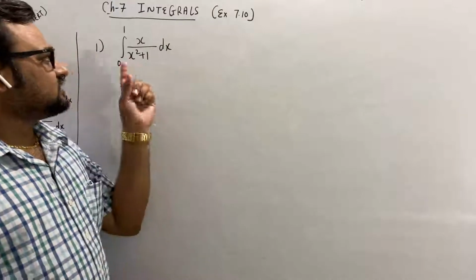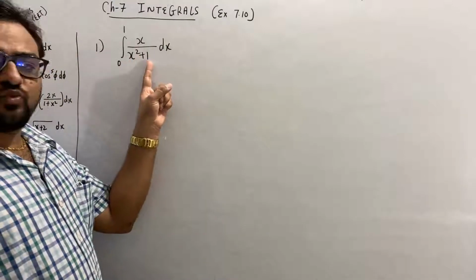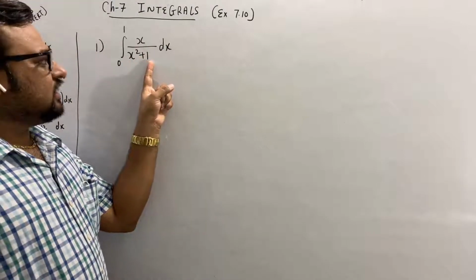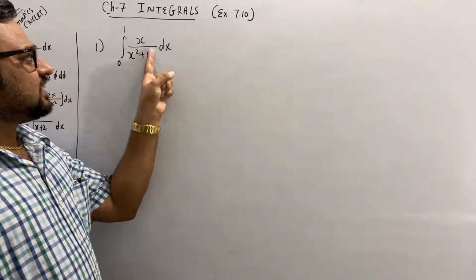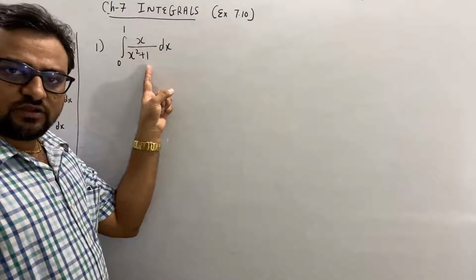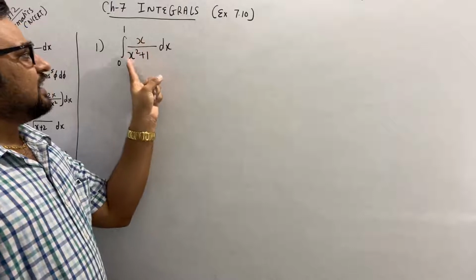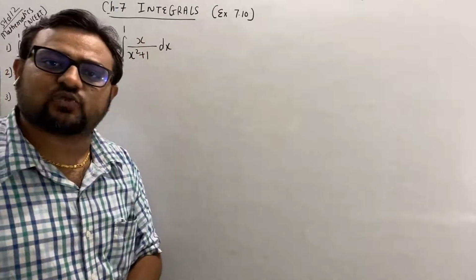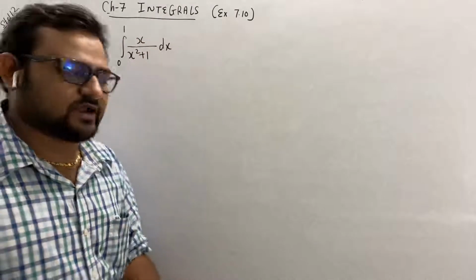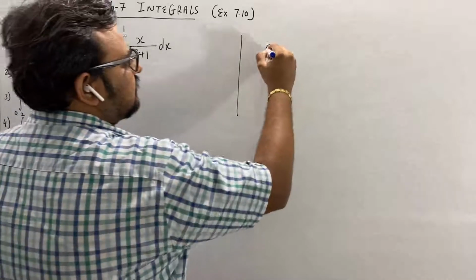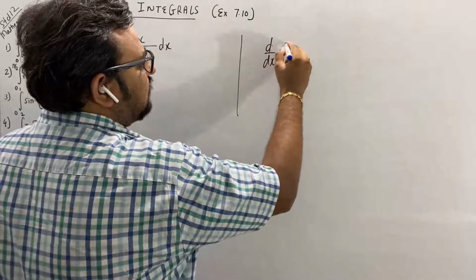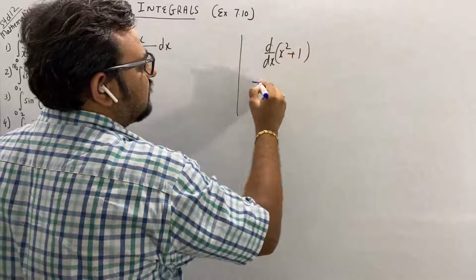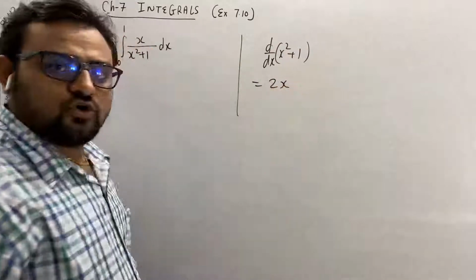You can see here x square plus 1. If you take this as the function, then the derivative of x square plus 1 is 2x. That is, d by dx of x square plus 1 is equal to 2x.